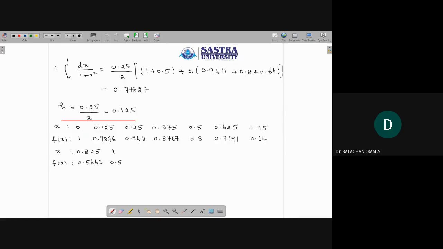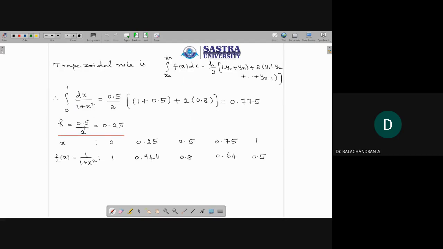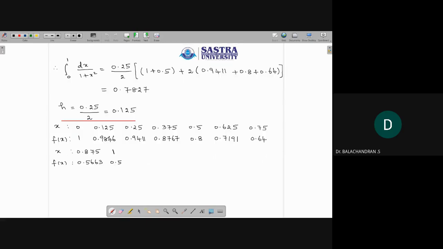Now, again, what is the previous h value? The previous h value is 0.25. Okay, 0.25 divided by 2 is 0.125. Originally it was 0.5, the second time 0.25, the third time 0.125.